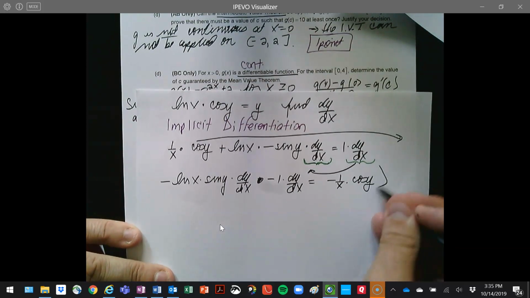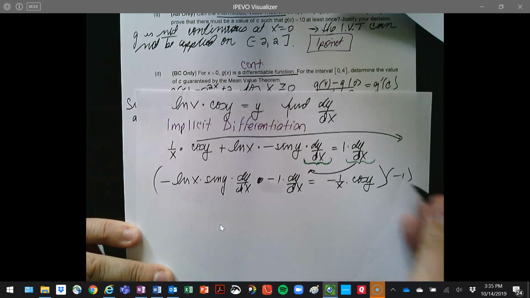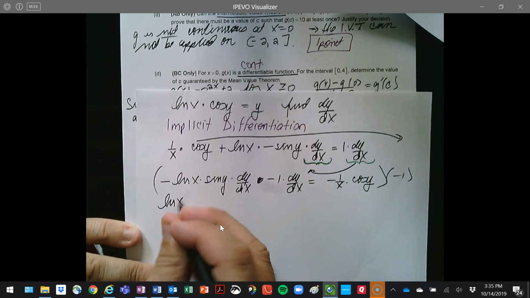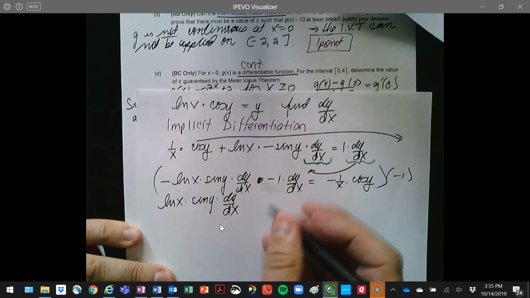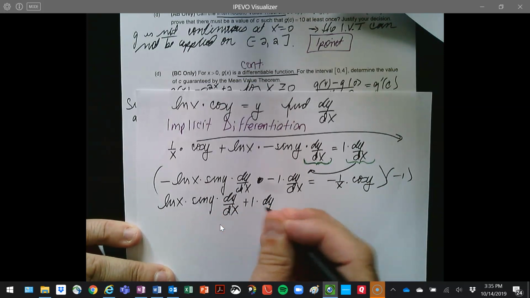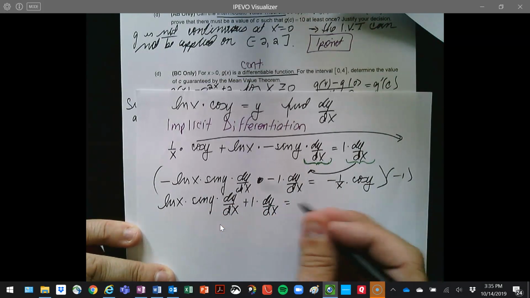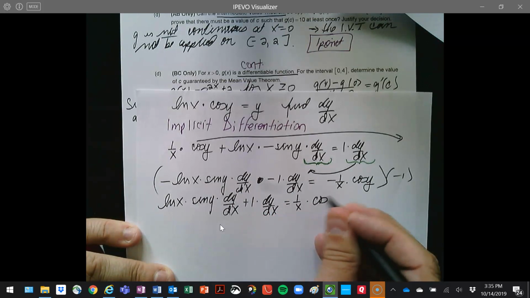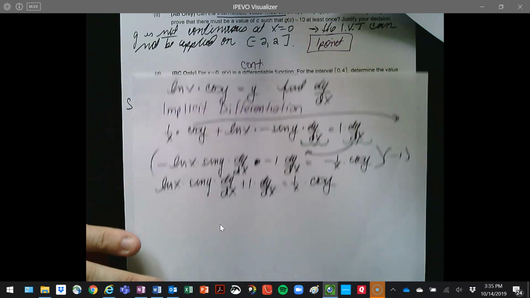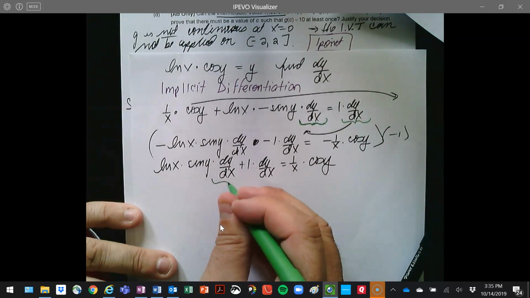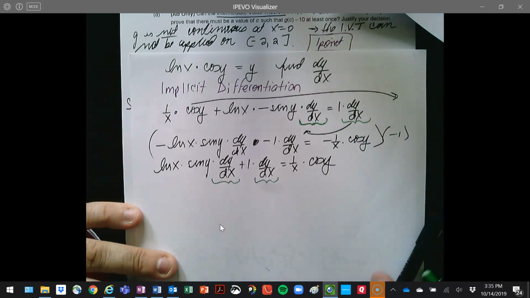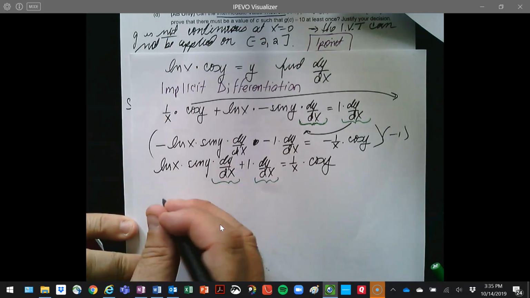Now there's too many negatives in this, so I'm just going to multiply both sides by negative 1 to get the natural log of x times sine y dy/dx plus 1 dy/dx equals 1 over x times the cosine of y. I have my two terms that both have the dy/dx. That's a common factor.